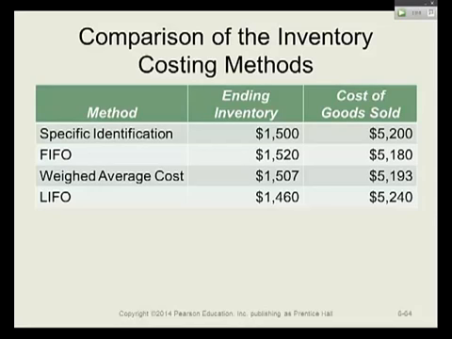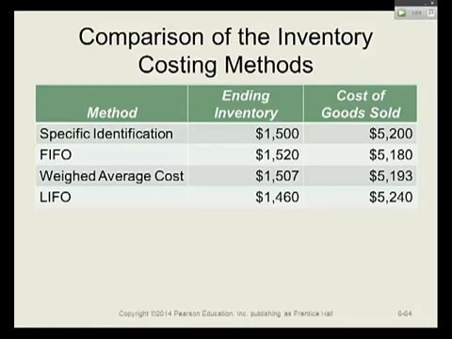So notice that the average cost falls in between the two extremes. When you look at your balance sheet on the ending inventory, FIFO gives you the better balance sheet amount because it's as close as possible to current cost.